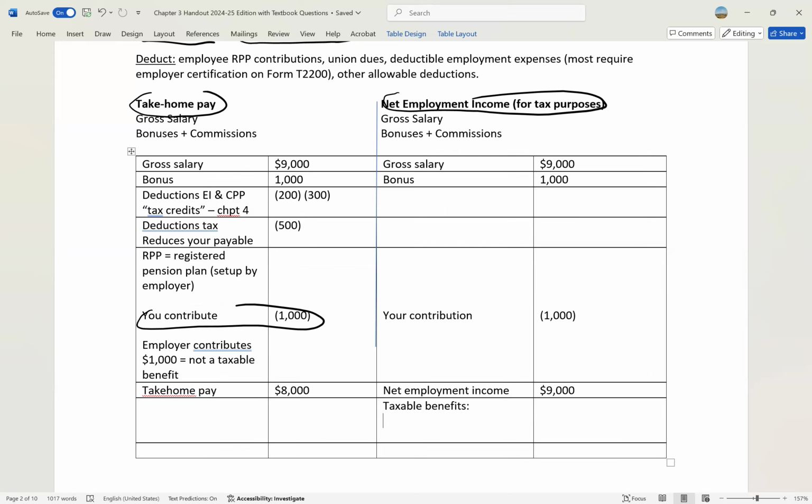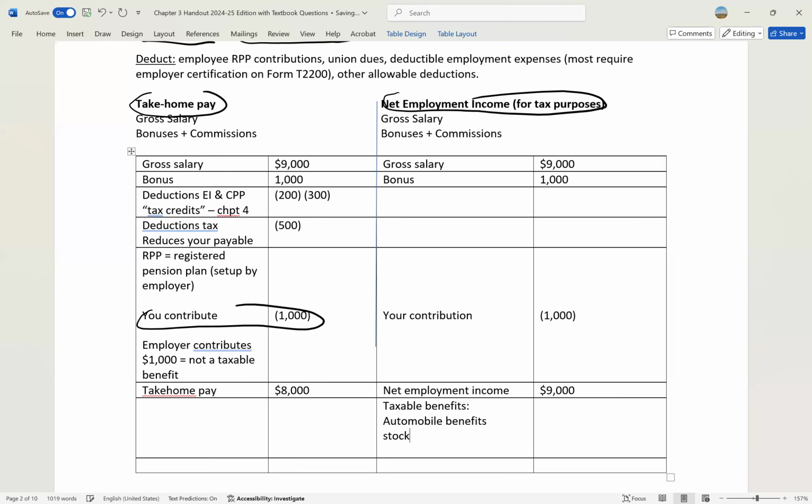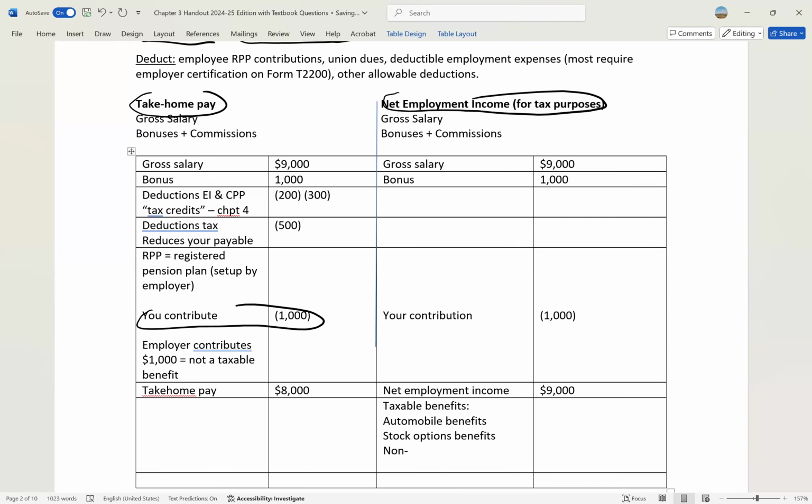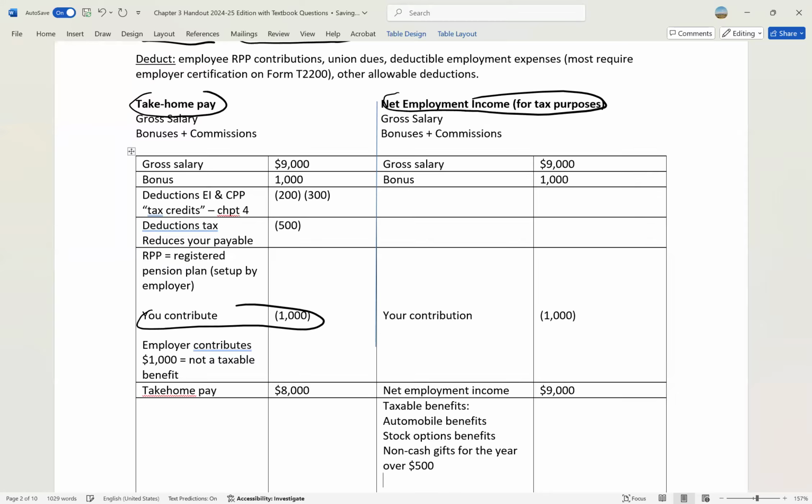There are these amounts that we're going to be looking at in detail: automobile benefits, stock option benefits, and then there's one called non-cash gifts for the year over $500. So those are three things we're going to focus on today: automobile benefits, stock option benefits, and non-cash gifts for the year over $500.